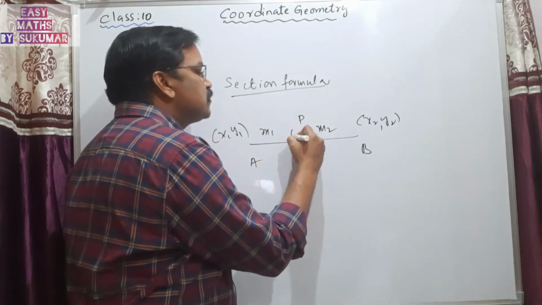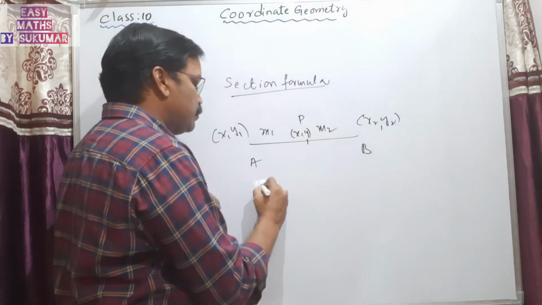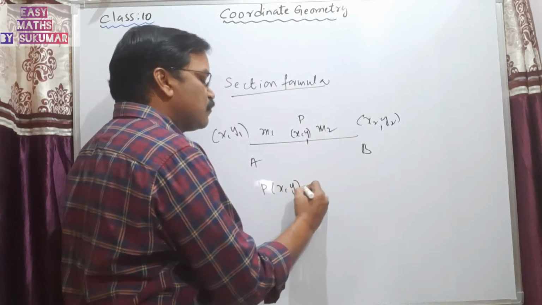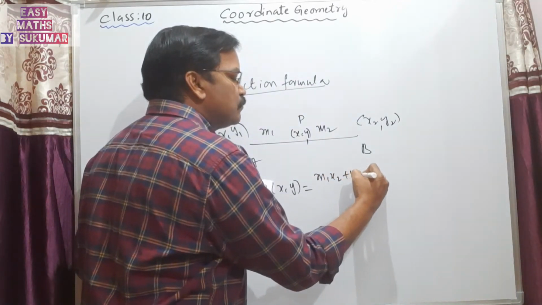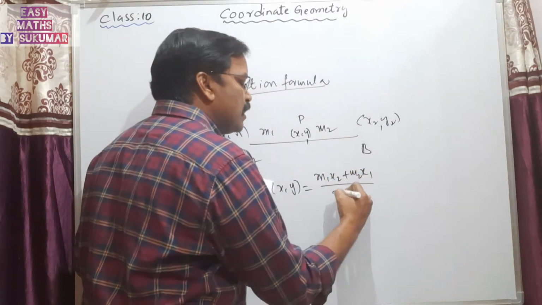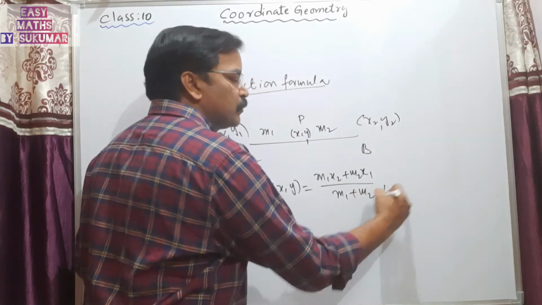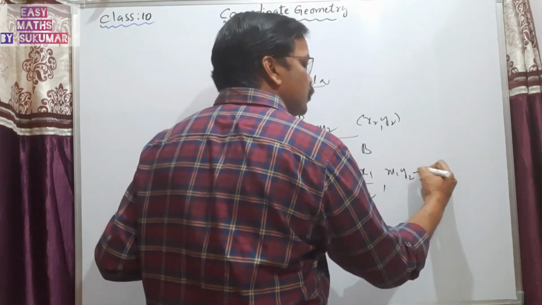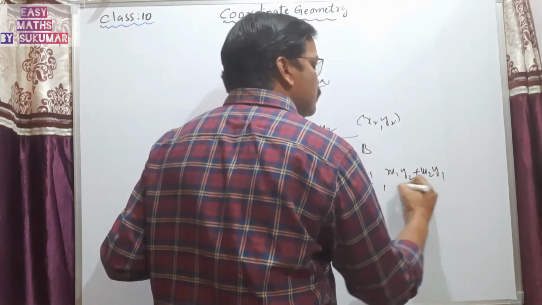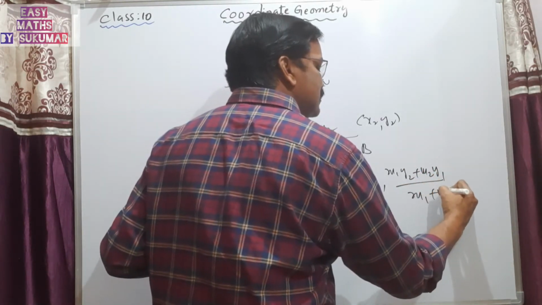Then the coordinates of P are (m1 x2 plus m2 x1) by (m1 plus m2), and the y coordinate is (m1 y2 plus m2 y1) by (m1 plus m2).